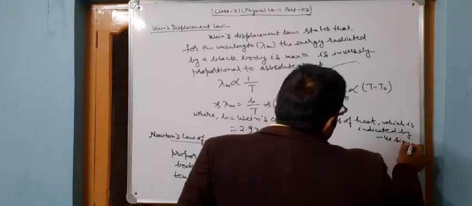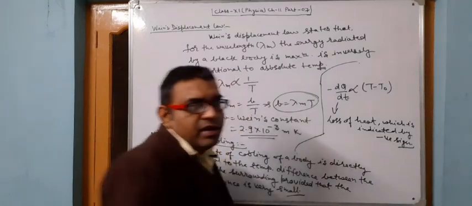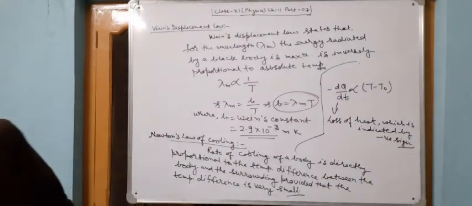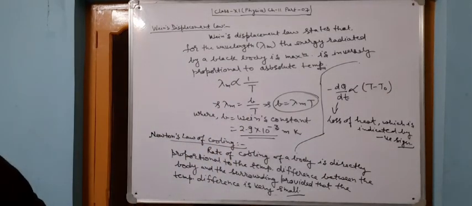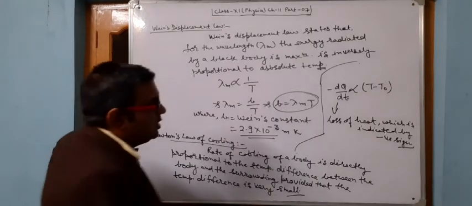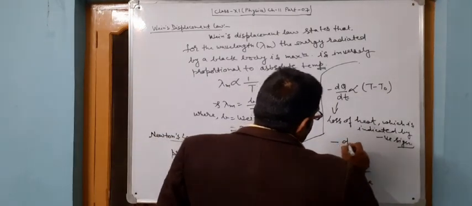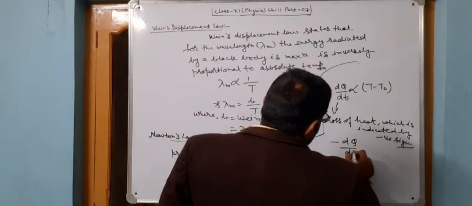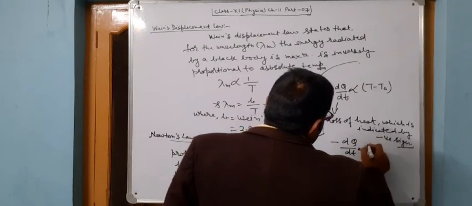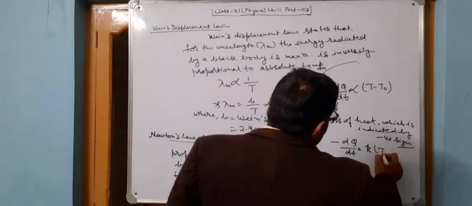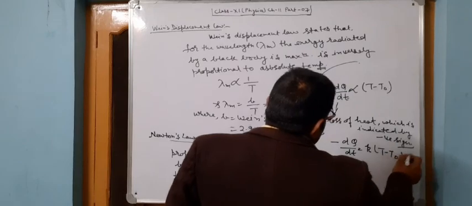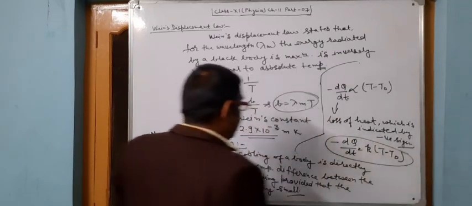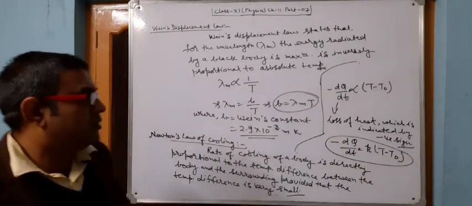Since it is loss of heat, it is represented by a negative sign, and it can be written as minus dq upon dt is equal to k into T minus T naught. This is all about Newton's law of cooling.